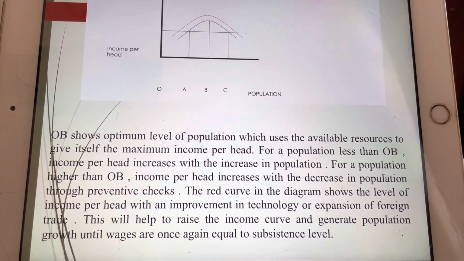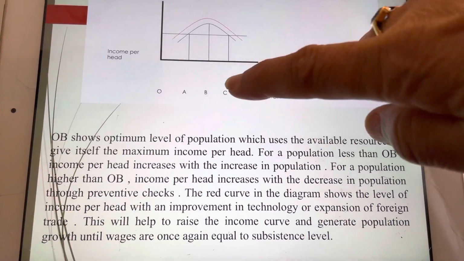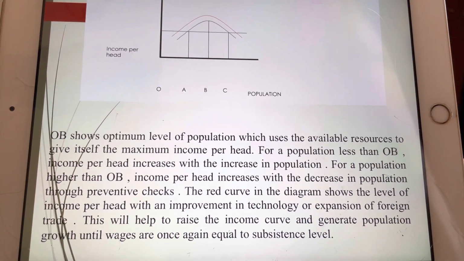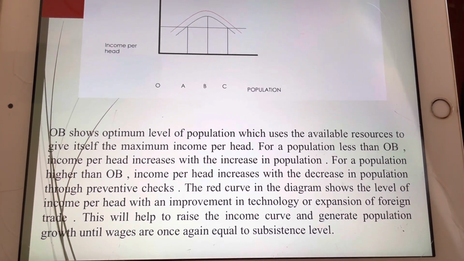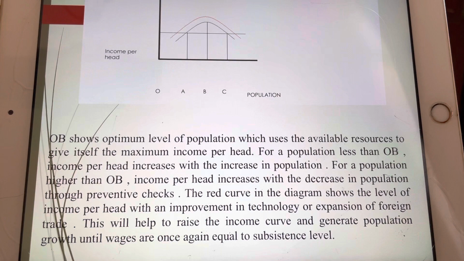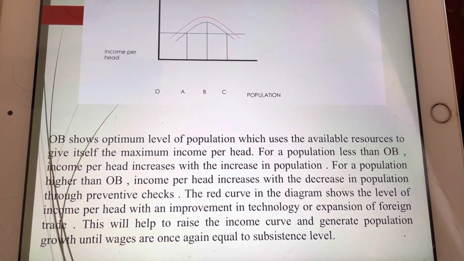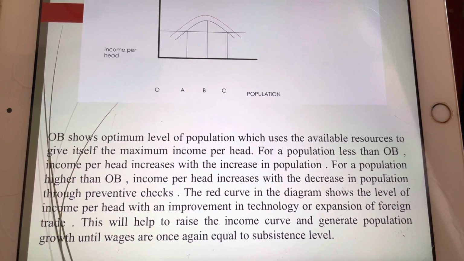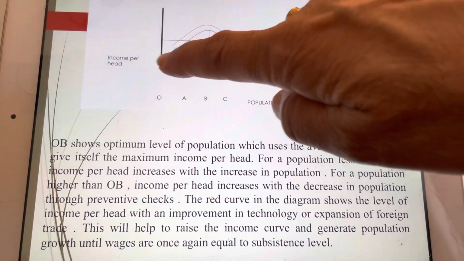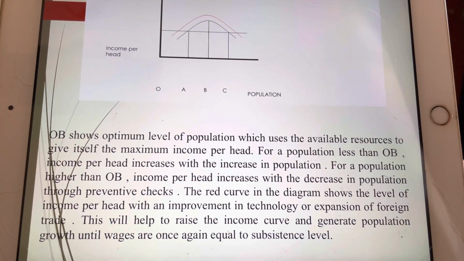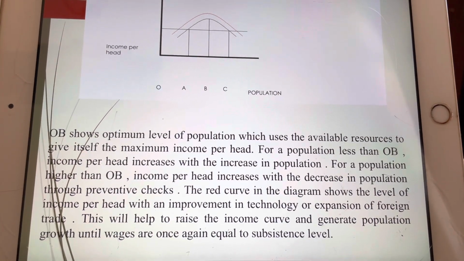Now the OB, the midpoint shown here, shows the optimum level of population, which uses the available resources to give itself the maximum income per head. For a population less than OB, what is the situation? The income per head increases with the increase in population.